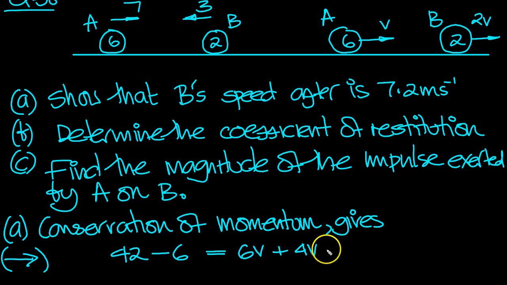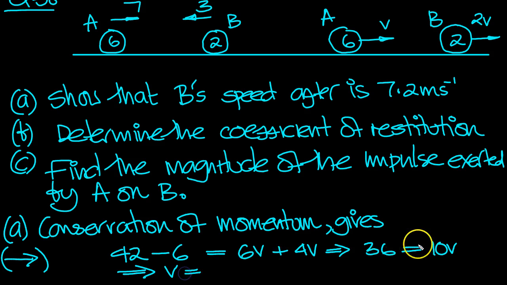So that tells us that 36 is equal to 6 plus 4 is 10, 10 lots of v, so v is equal to 36 over 10, which is 3.6.